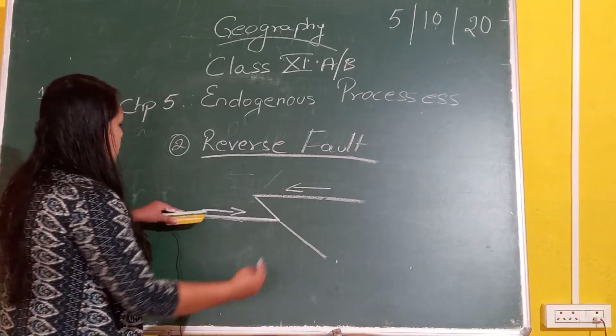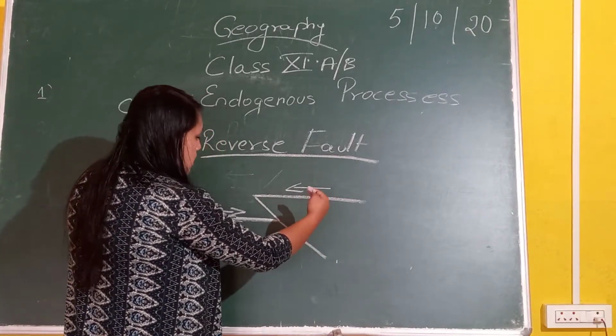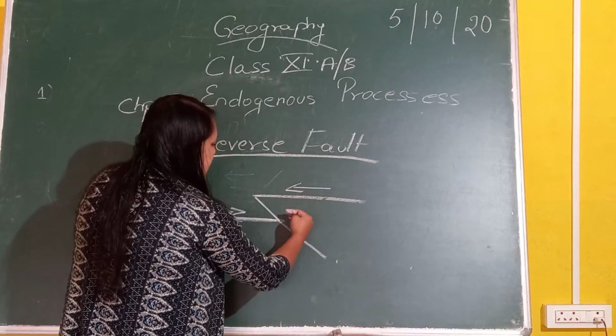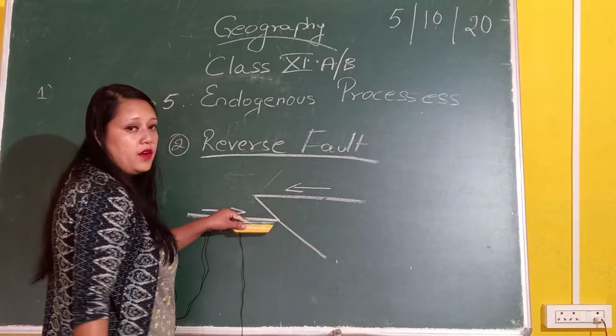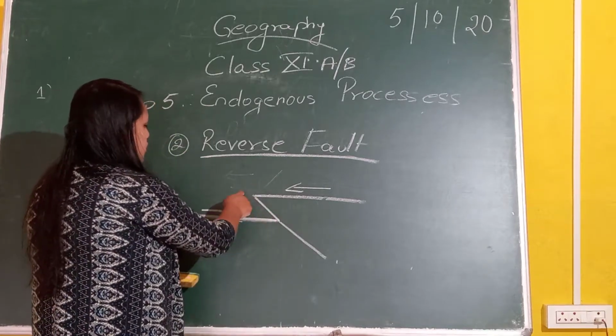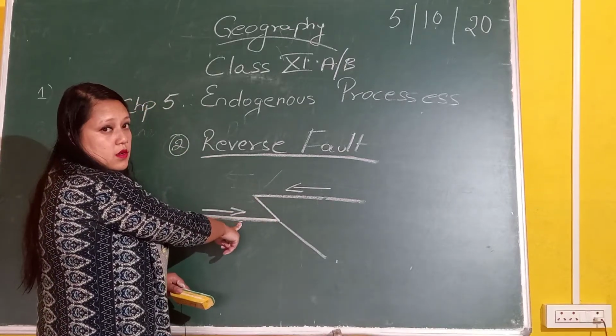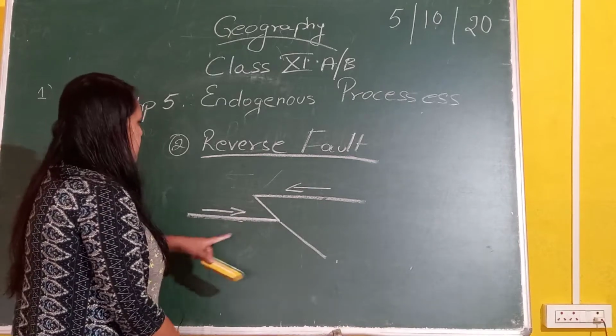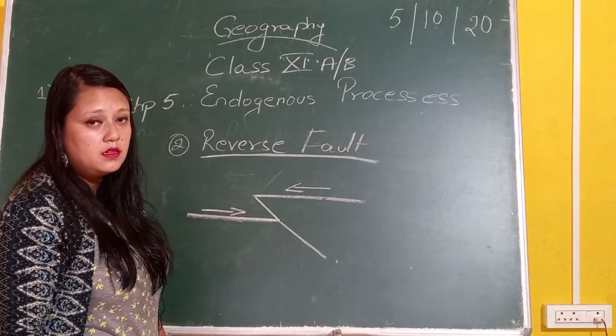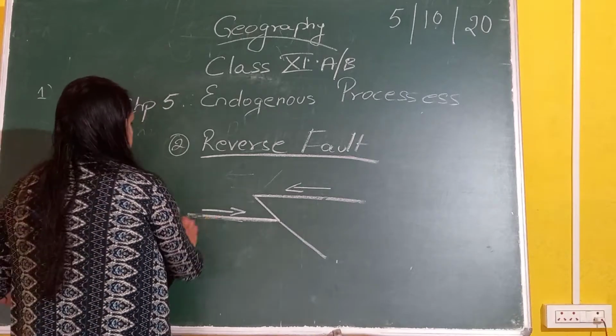Because of this, a part of the land gets elevated and somewhat overlaps. That means one part is going on top of the other part. This type of fault is known as the reverse fault.